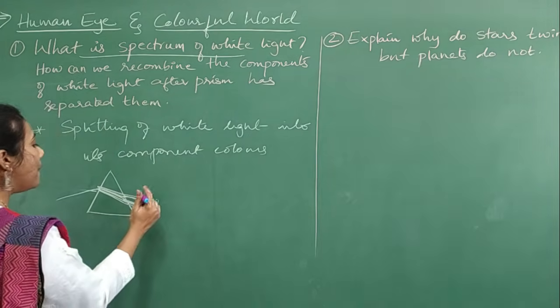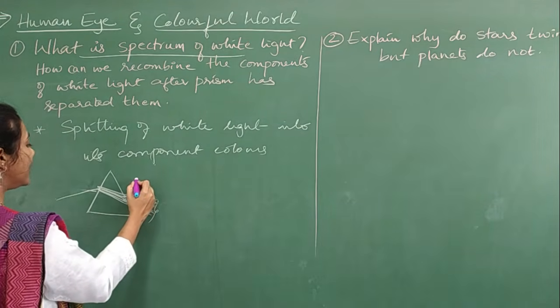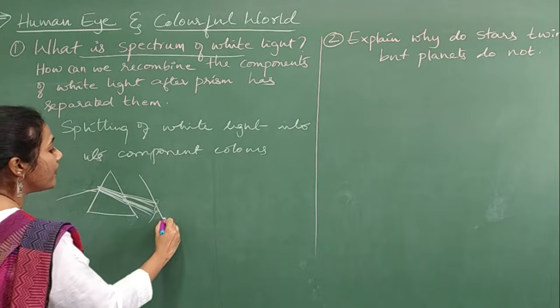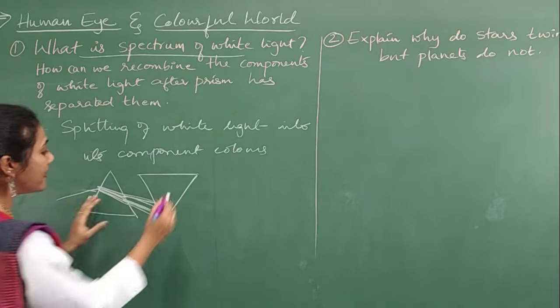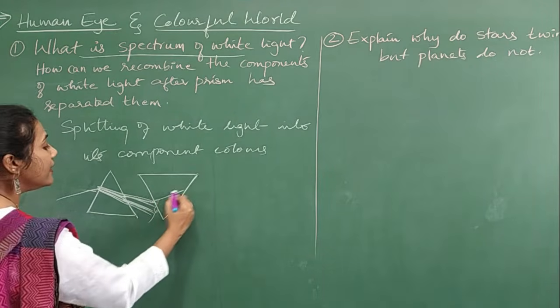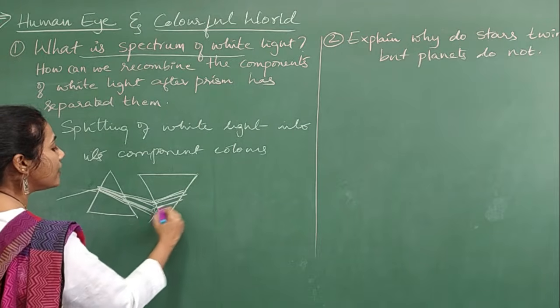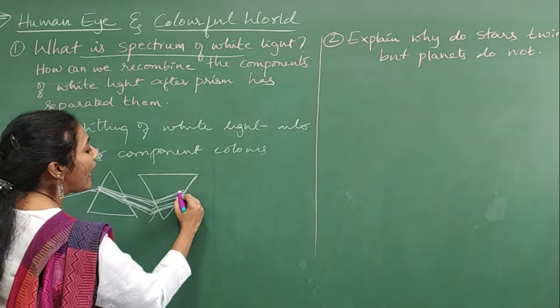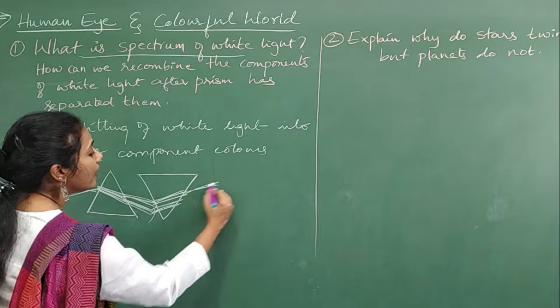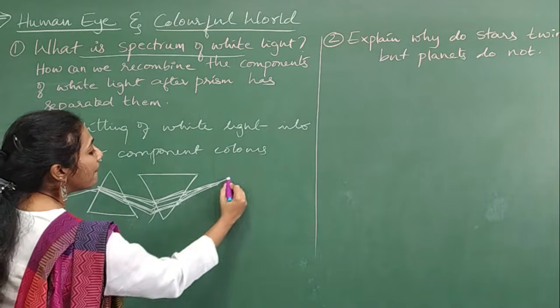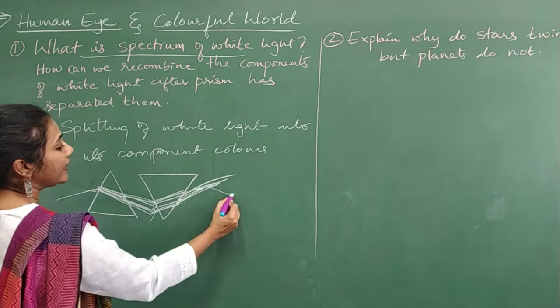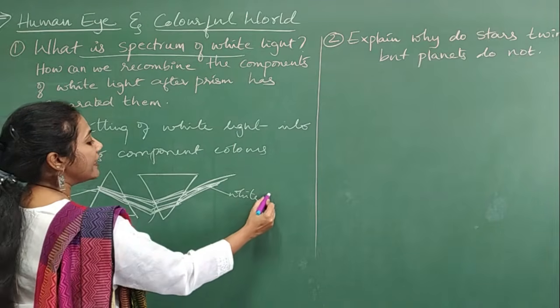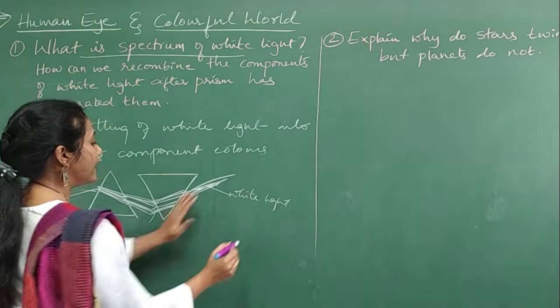Just by placing an inverted prism, isn't it? When you place an inverted prism near it, all these split colors come out through this inverted prism and combine, and you will get white light.